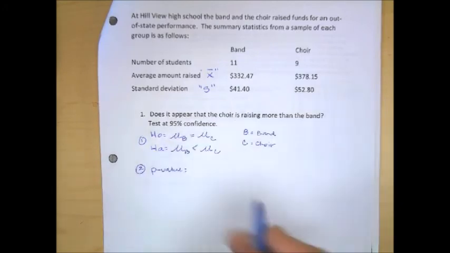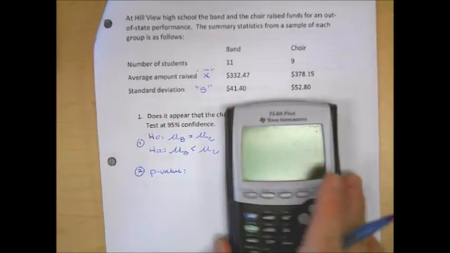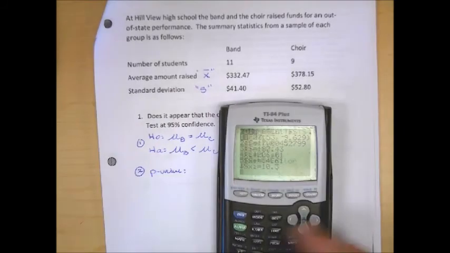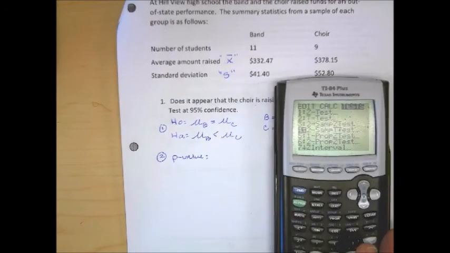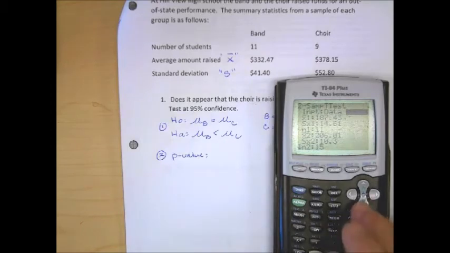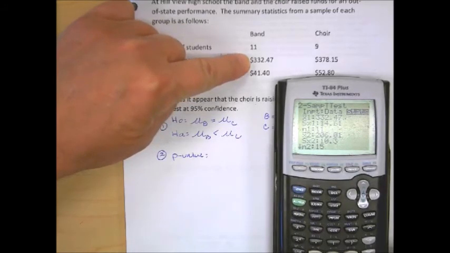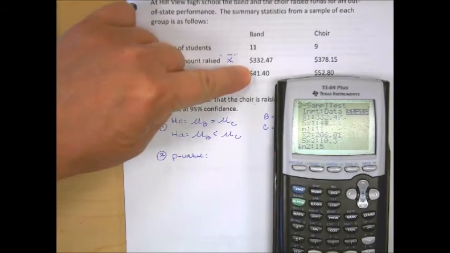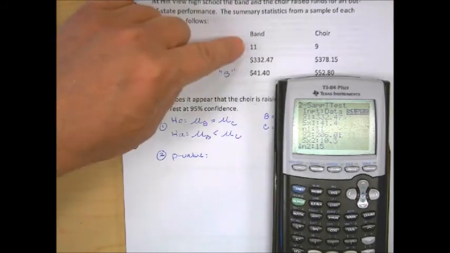So it's a 2-sample t-test. Stat, test, 2-sample t-test. There we go. Group 1, mean 332.47. Group 1, standard deviation 41.40. Group 1, N 11.